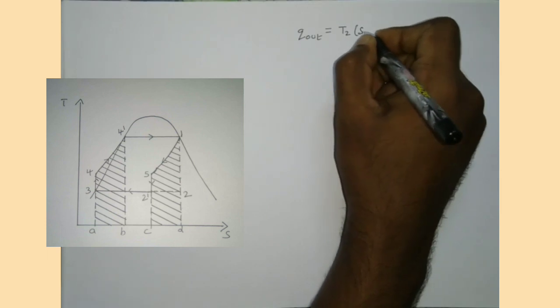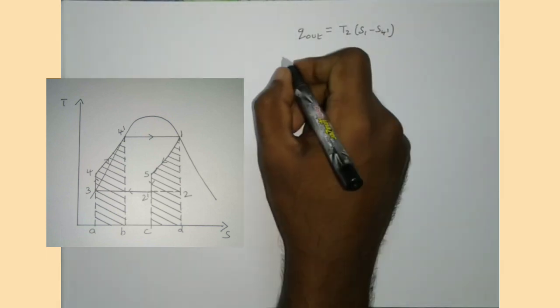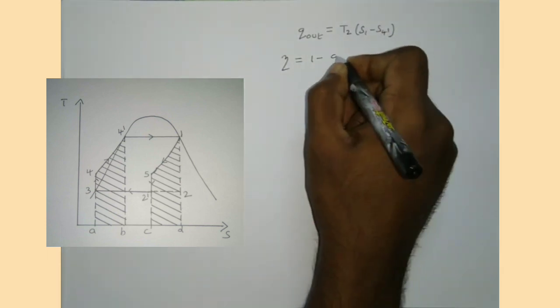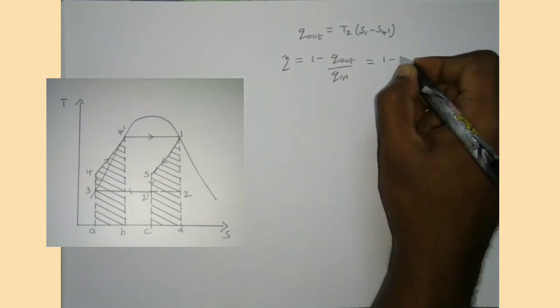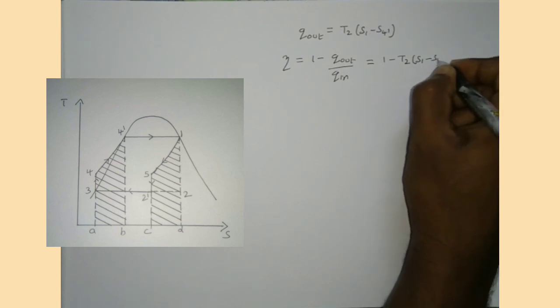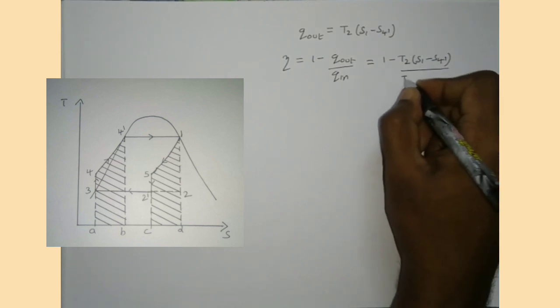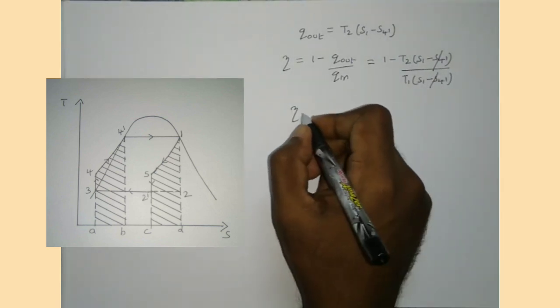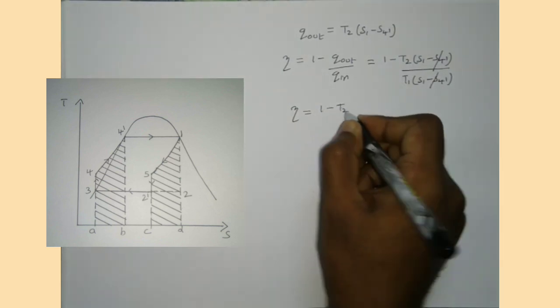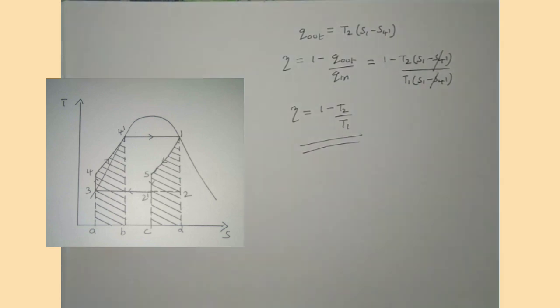Therefore, Q out equals T2 into S1 minus S4'. And efficiency equals 1 minus Q out by Q in. That is, 1 minus T2 into S1 minus S4' by T1 into S1 minus S4'. S1 minus S4' will cancel and therefore efficiency equals 1 minus T2 by T1.